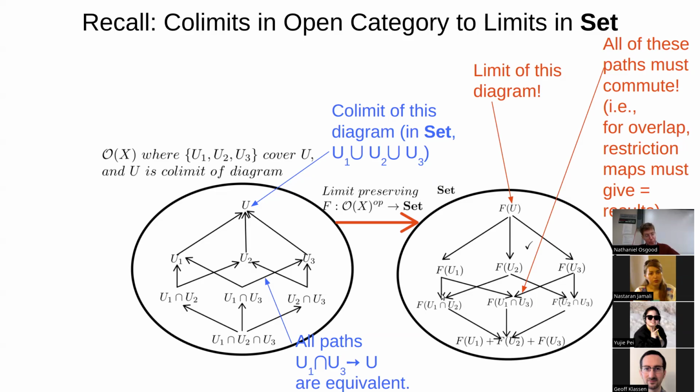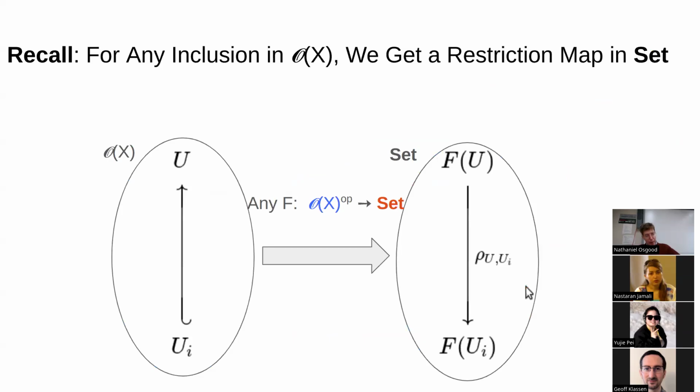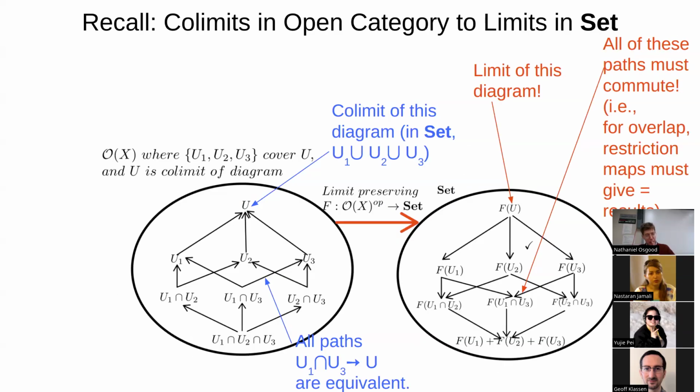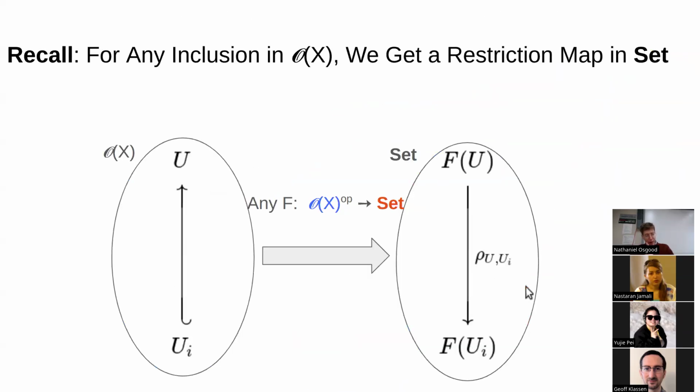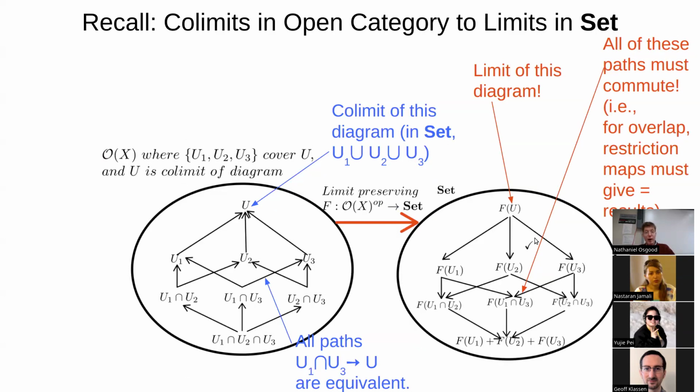Now, I'd like to unpack this a little bit more in a way that's really important for a further definition of a sheaf. So one definition of a sheaf, I'll note, that you'll find is that it involves the limit of a diagram like this.